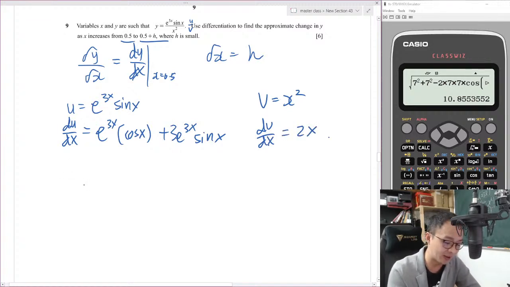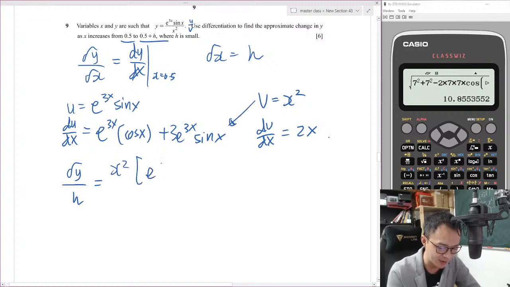Okay, now I can do my dy/dx already. So change of y over h equals dy/dx. dy/dx is v multiplied by du/dx, where I can factorize out the e^(3x).